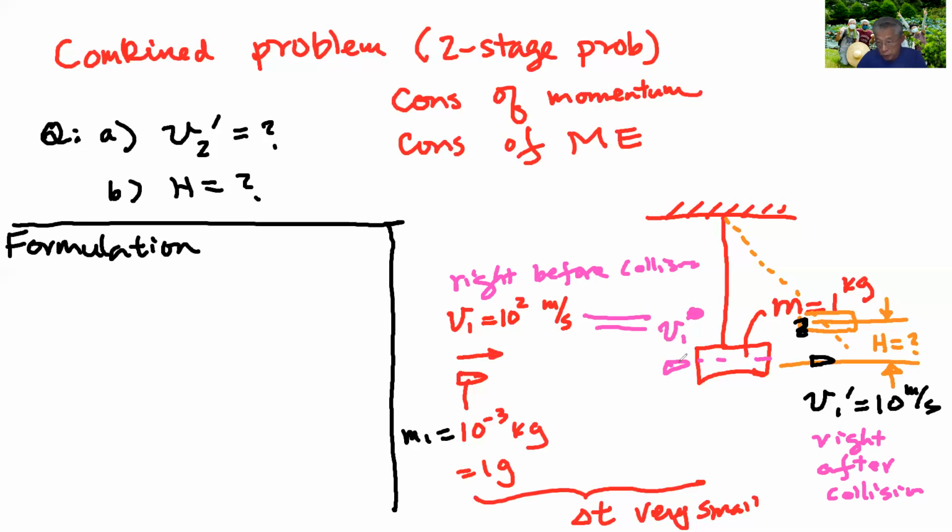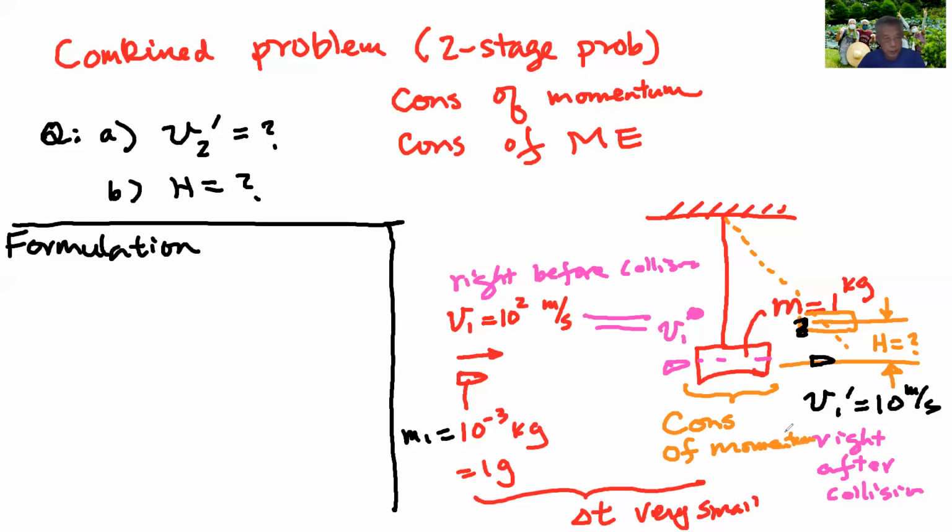So you can see from here to when this one just comes out, there is one type of problem that's involved right here. From the bullet before it enters to right after it just comes out, this is the conservation of momentum problem that we can formulate.